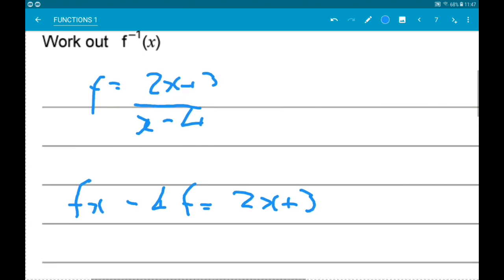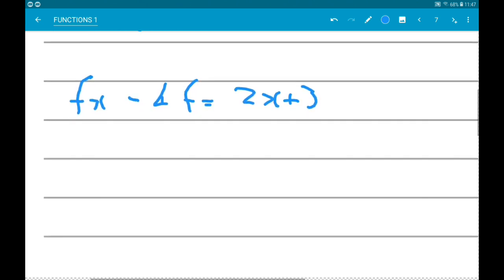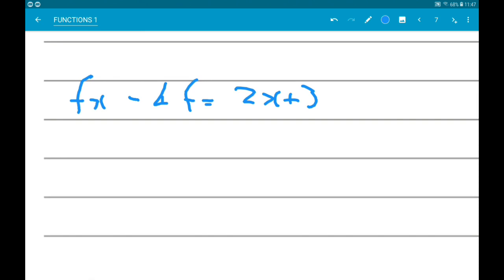Now we need to get the x terms on the same side, so I'm going to subtract 2x. So we then have fx minus 2x minus 4f is equal to 3.